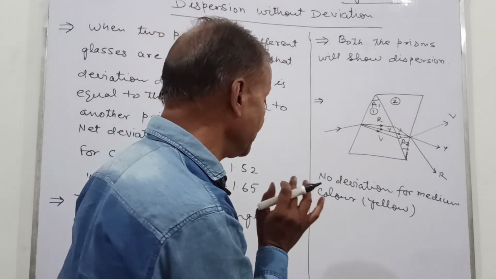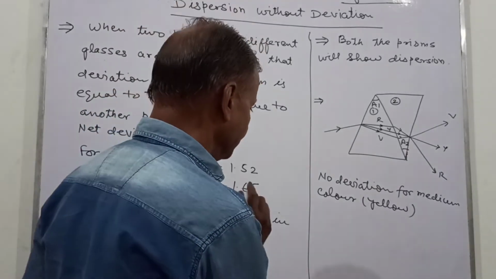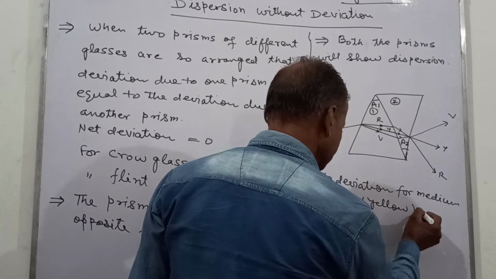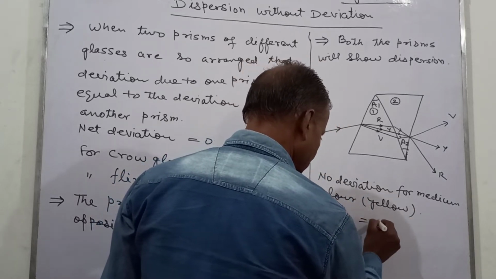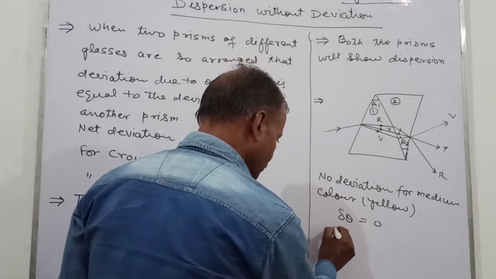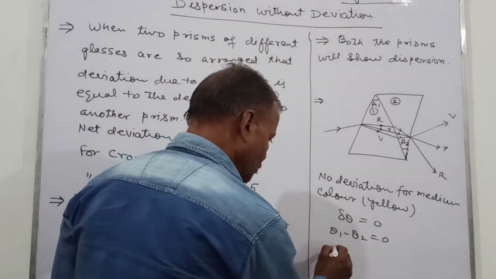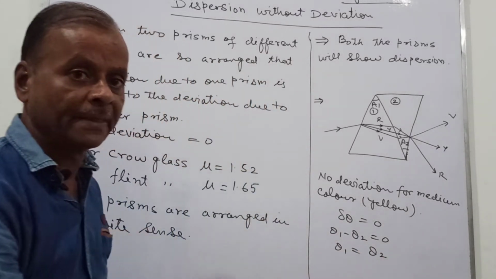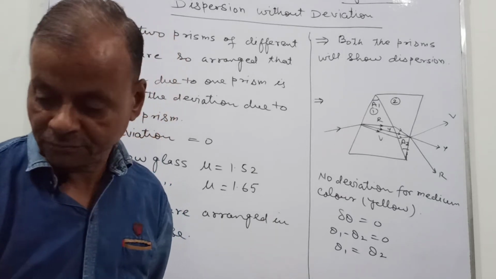So for this one we have this delta theta, the net deviation. So this delta theta is equal to 0, or theta 1 minus theta 2 equal to 0, or theta 1 is equal to theta 2. So there is no angular dispersion at all.